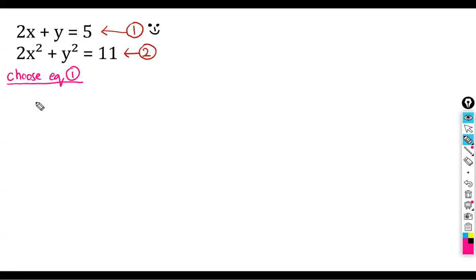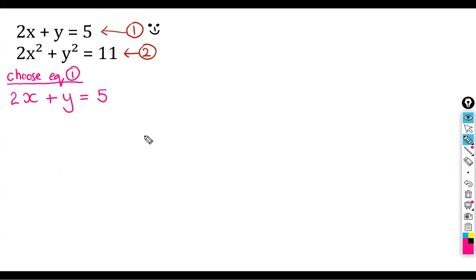So because we are choosing equation 1, I want everyone to write back equation 1. Don't change a single thing. Write it back exactly as it is. So remember, for a question, you want to have proper statements, because you get marks for statements.